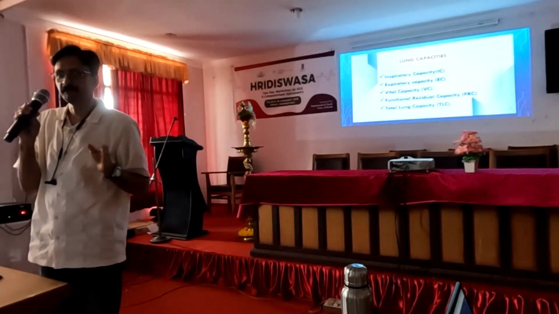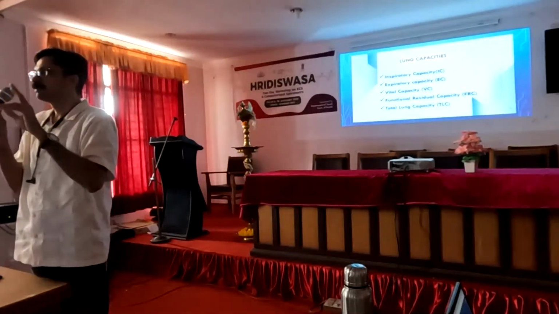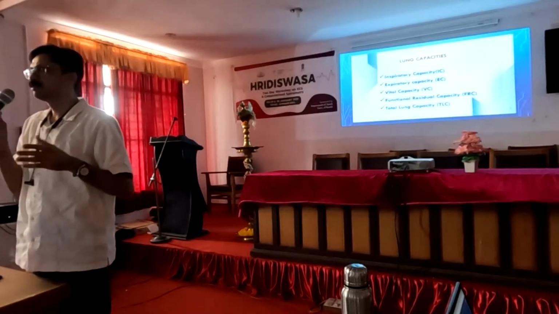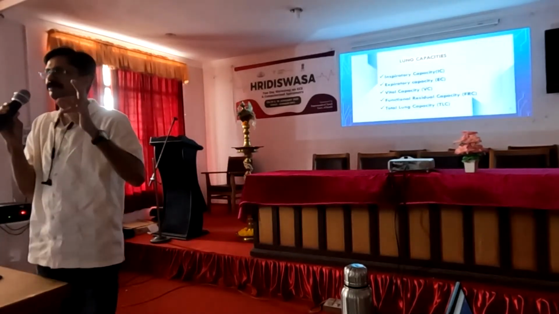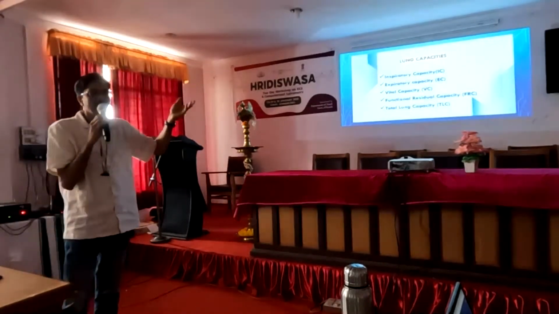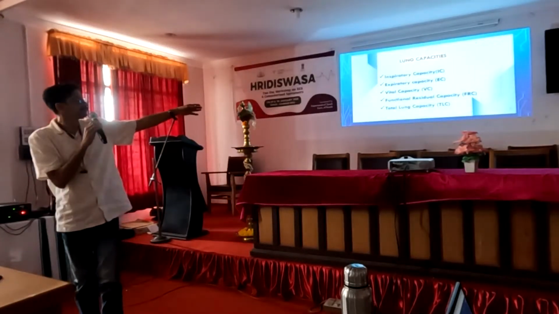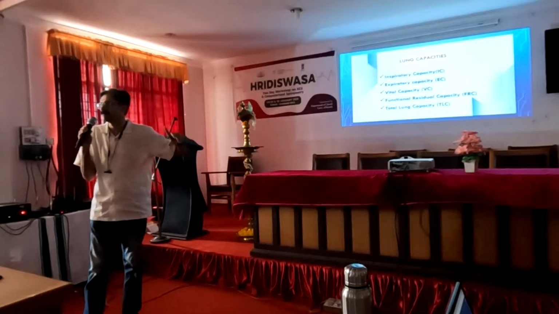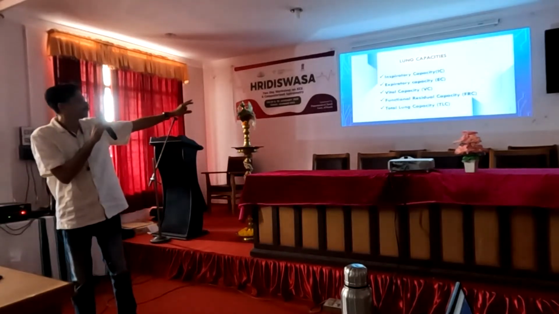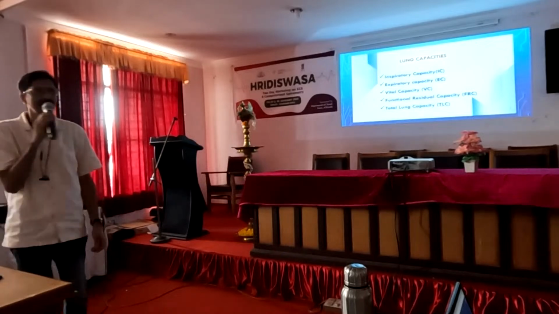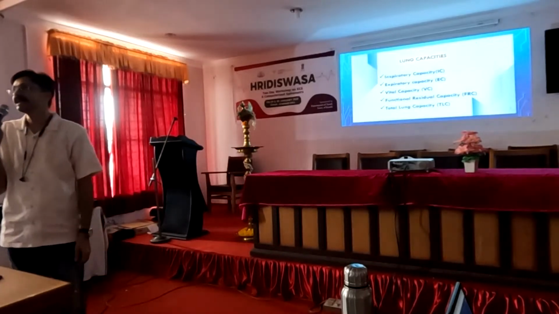A combination of 2 or more lung volumes is called a capacity. The different types of capacity are inspiratory capacity, expiratory capacity, vital capacity, functional residual capacity, and the last one is total lung capacity.